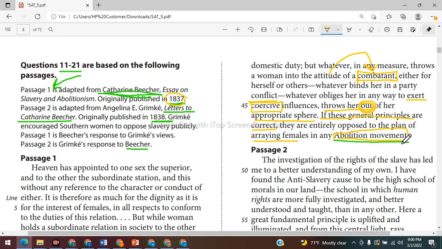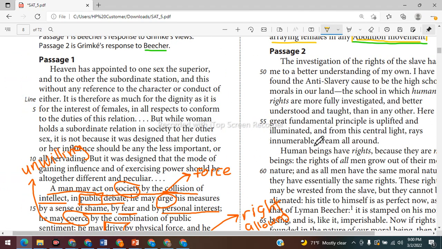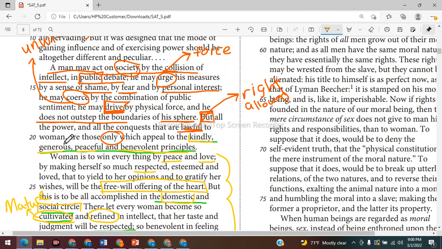So how does one stand up for themselves, if that's the case? She's saying that, according to her, we should use gentleness. The only things you're allowed to use in this fight are generosity, peacefulness, and benevolent principles. That ain't gonna work.